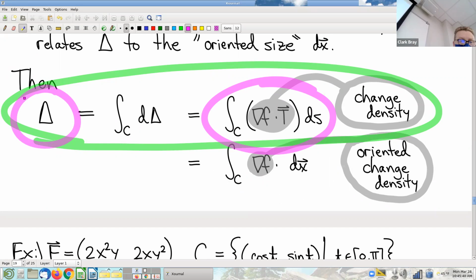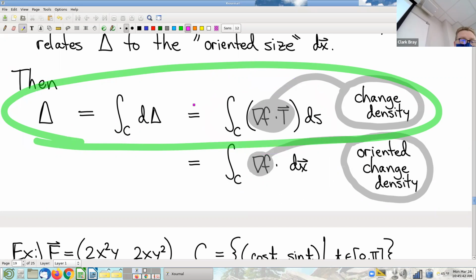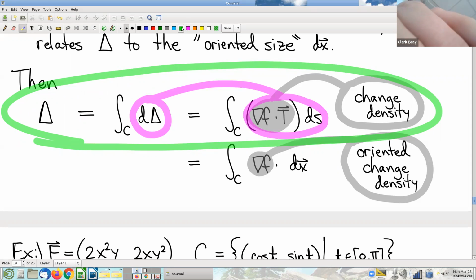But I'm viewing it instead as changes in an accumulating quantity. So change adds up over the entire curve, and then on each little piece there is the corresponding notion of density, namely how much change per unit distance, how much change per unit size, and we call that change density. So again, it's an accumulation and density theorem. Everybody with me?